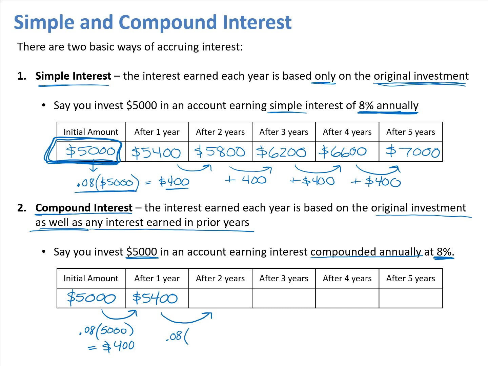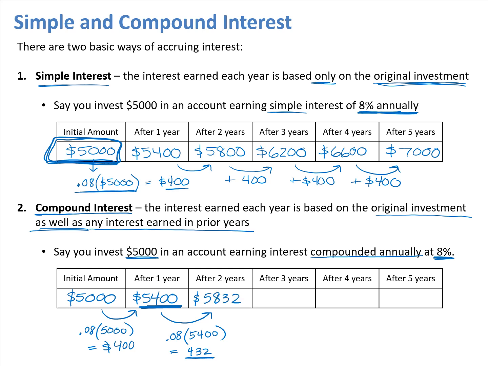So we're going to earn interest based on $5,400 instead of $5,000. So we earn interest on our new balance. So 8% times $5,400 ends up being $432. And so my new amount is going to be $5,400 plus $432, so that's $5,832.